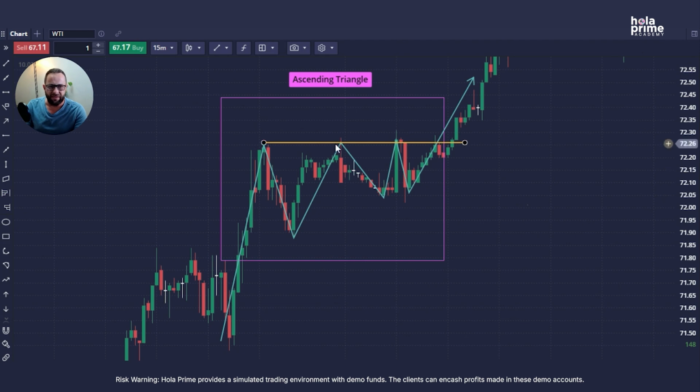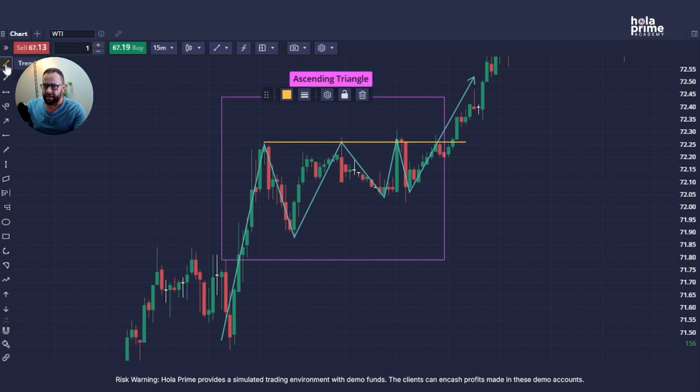Sometimes it doesn't have to be perfect, like this little wick over here, which went a little bit over the previous high where this correction started from, and similarly over here as well. But it found resistance within an area and then moved lower again. If you look at the lower parts, or the higher lows of this pattern, you'll have an angular trend line. So this gives us the shape of an ascending triangle.